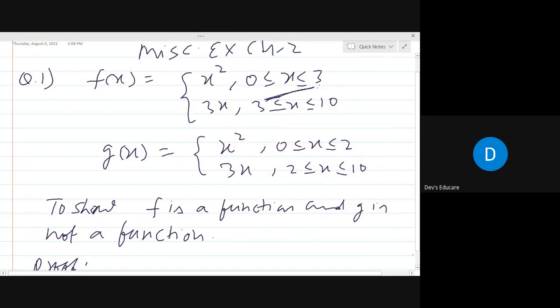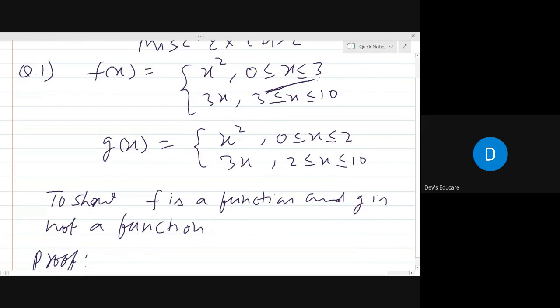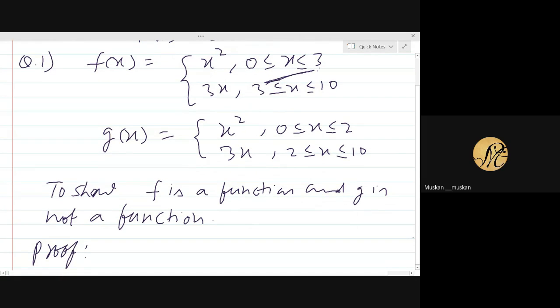So we shall check only at x equals 3 whether we are getting the same value of the function or different values. If we are getting the same value, that means it is a function because it is giving a unique image, else it is not a function. Is it, Muskan? Yes, sir.